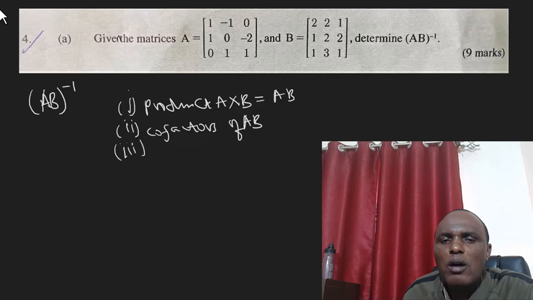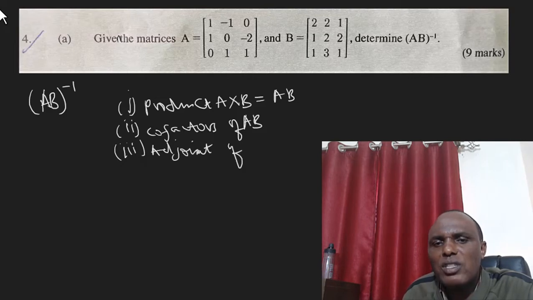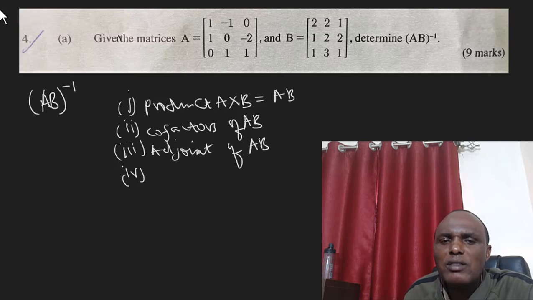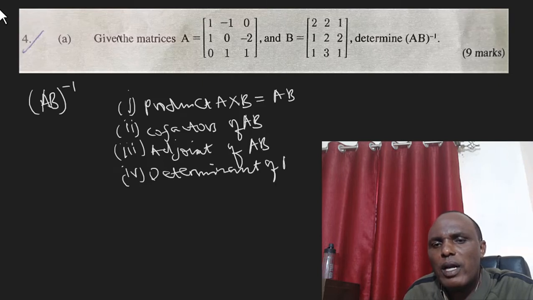Number 3, after that, we need to get the adjoint of the matrix product AB. After the adjoint, number 4, we are required to get the determinant of the product matrix AB.